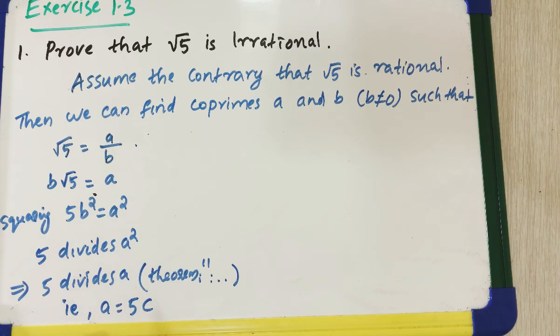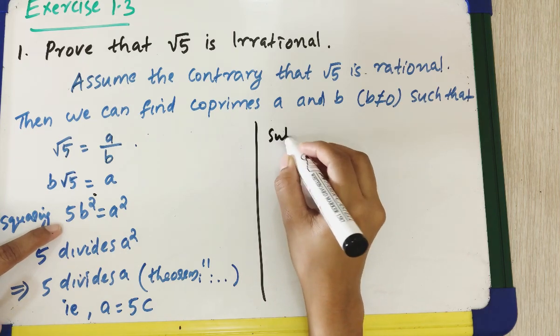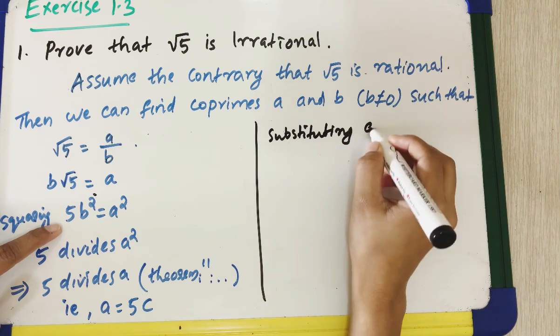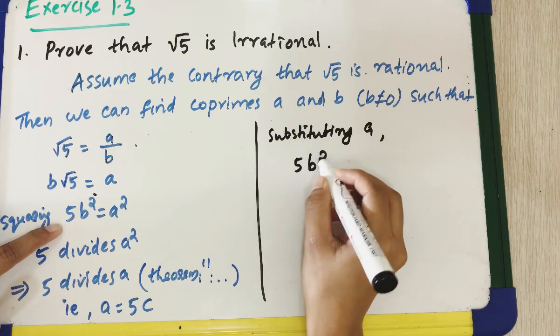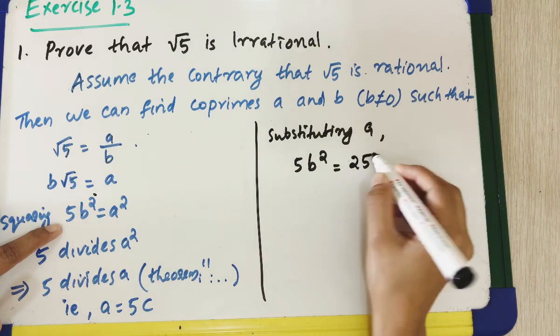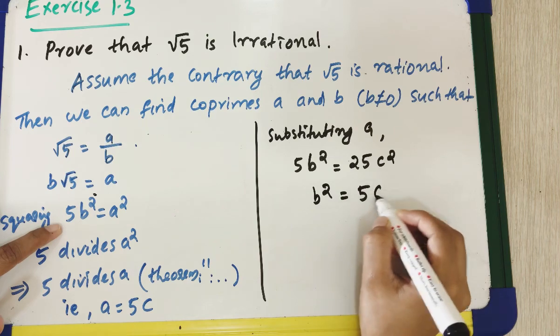That is, 5 divides a means a can be expressed as 5 into some c. That is, a is equal to 5 into c. Now, substituting a here, we get 5b square is equal to, instead of a, 5c the whole square, 25c square, which is b square is equal to 5c square.